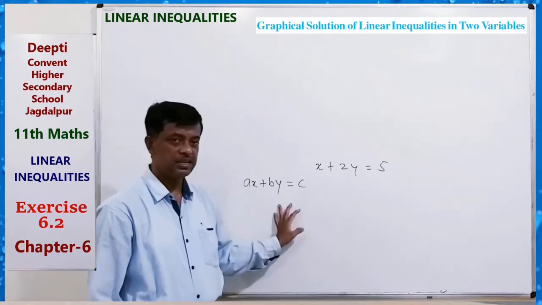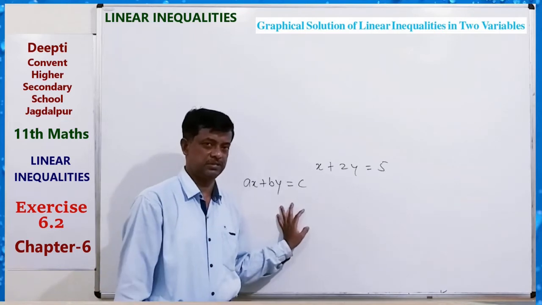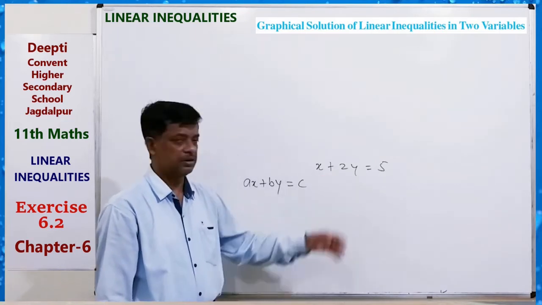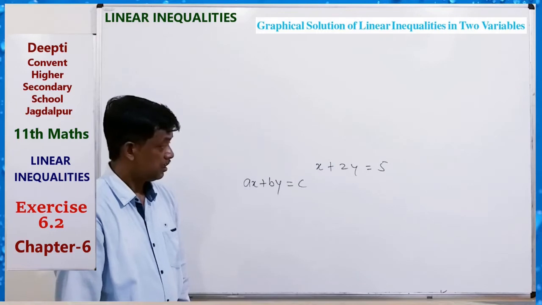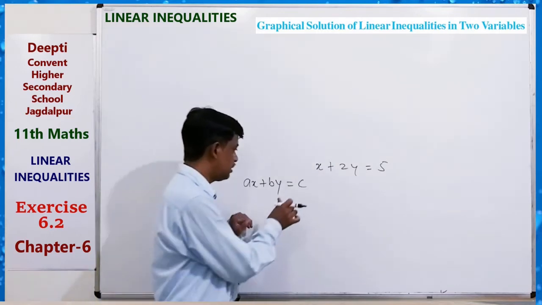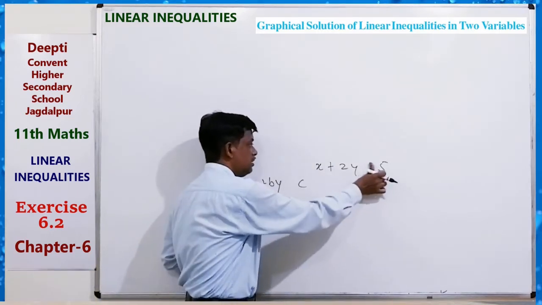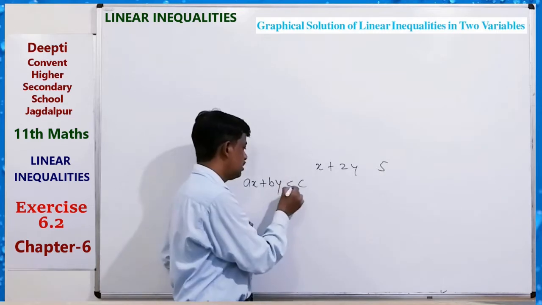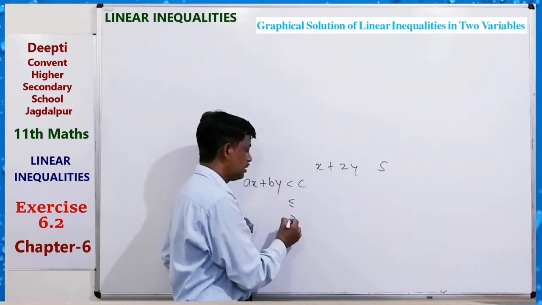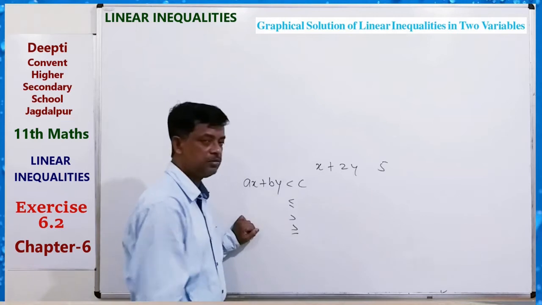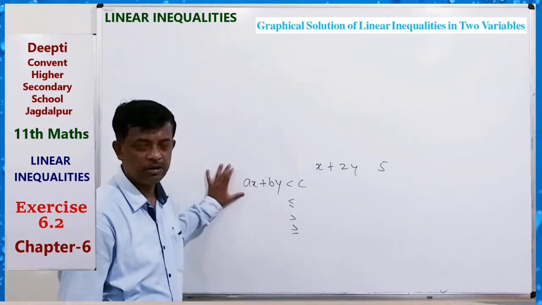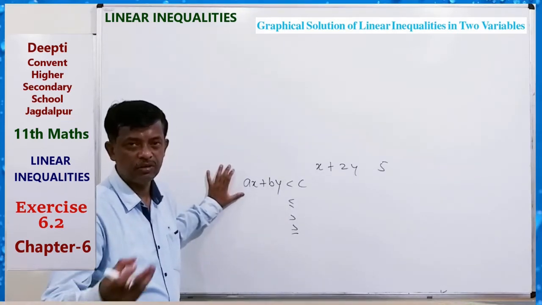If in place of the equal sign we take an inequality sign, that is less than, less than or equal, greater than, or greater than or equal, then it is called a linear inequality.